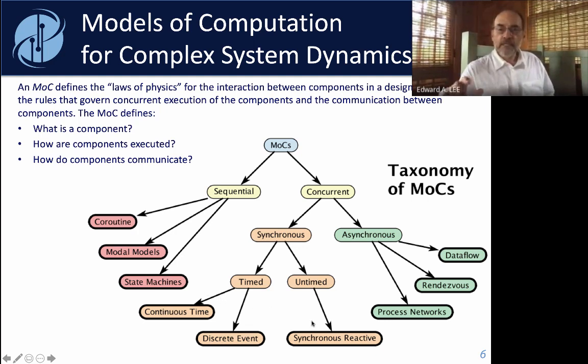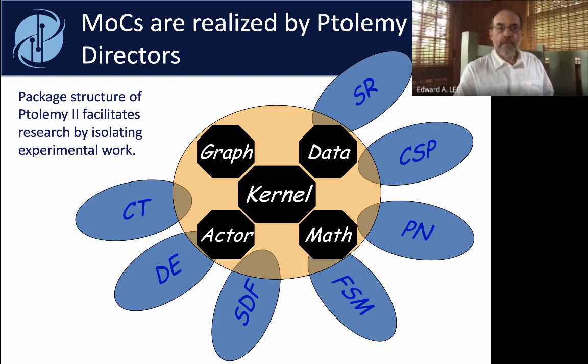The other thing is that the software architecture is designed for experimentation. So even though it's over 1 million lines of code, it's divided up into very well delineated packages, and some of them are really completely independent of the rest of the system.